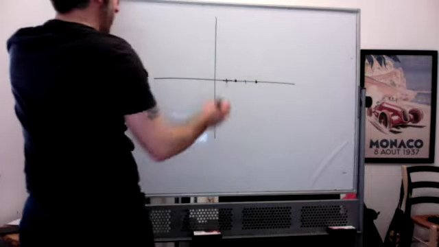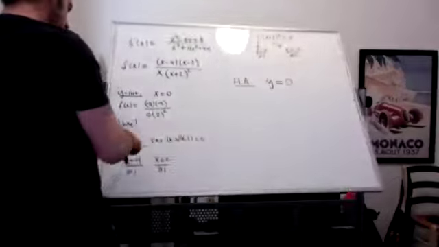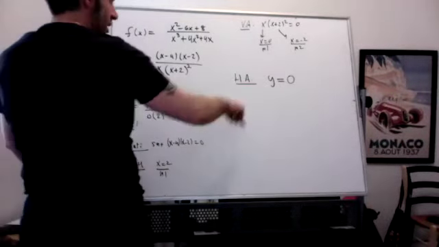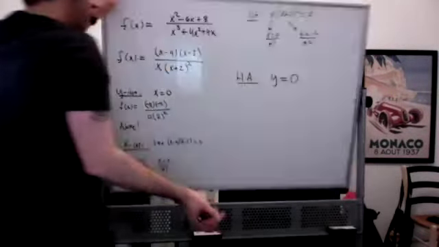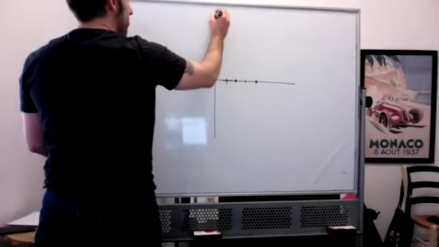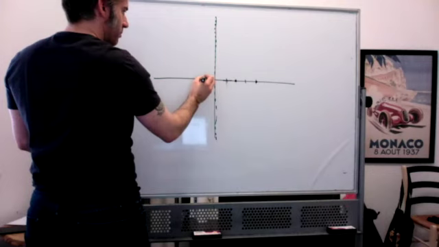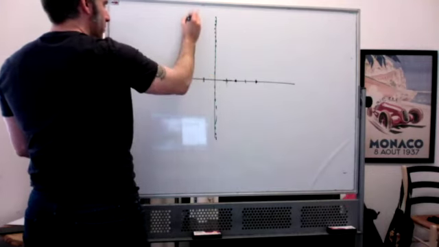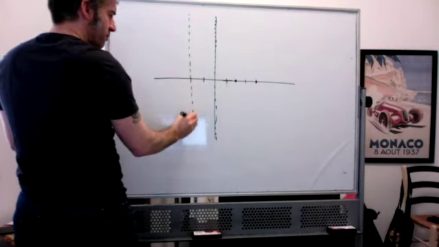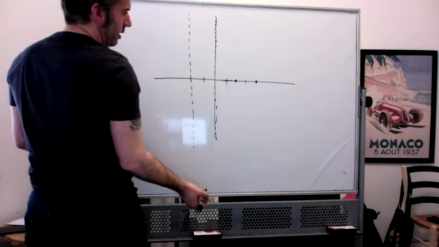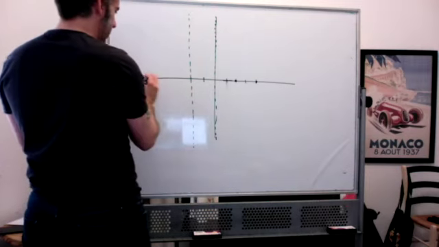We have no y-intercept. We have vertical asymptotes at 0 and -2. And we also have a horizontal asymptote at 0.